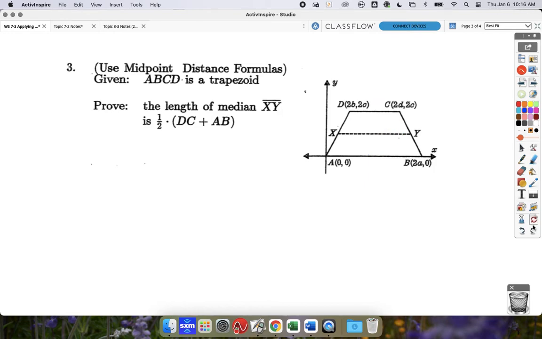Now we are going to prove that XY is equal to 1/2 of DC plus AB. In your proof, you will have to generate measurements for XY, DC, and AB. When you solve it, the left side should equal the right side. Does that kind of make sense?